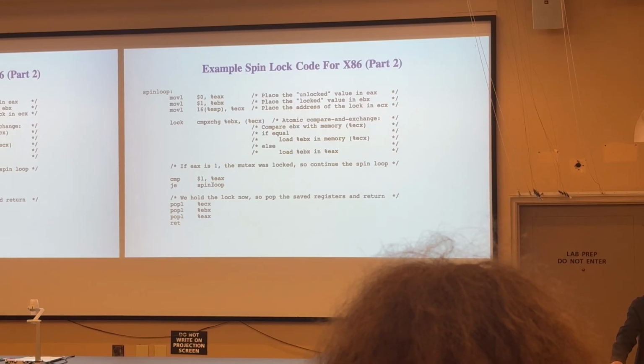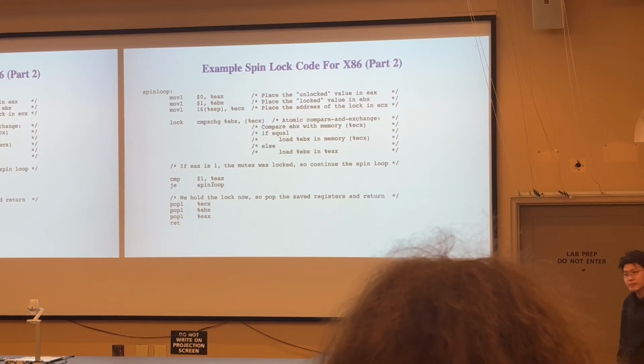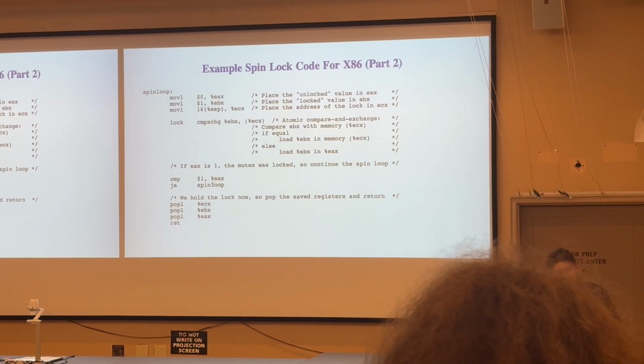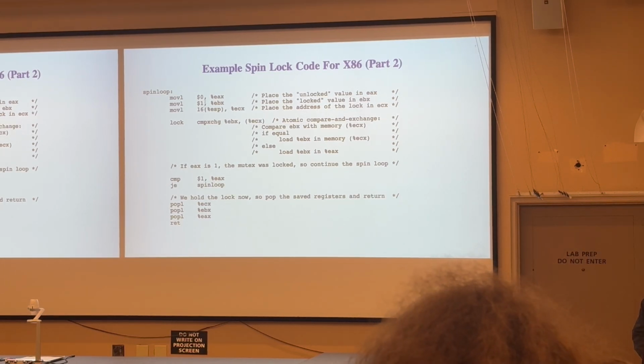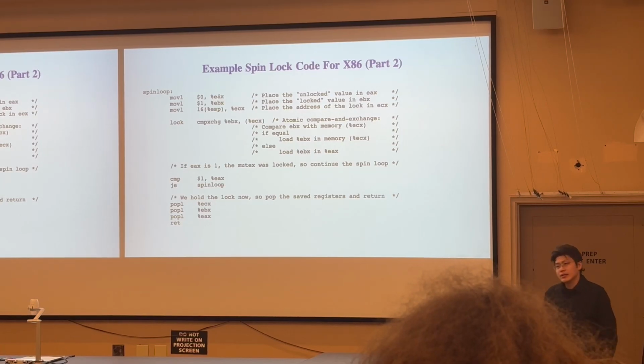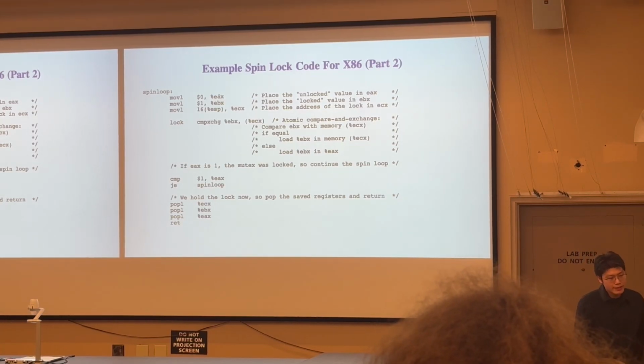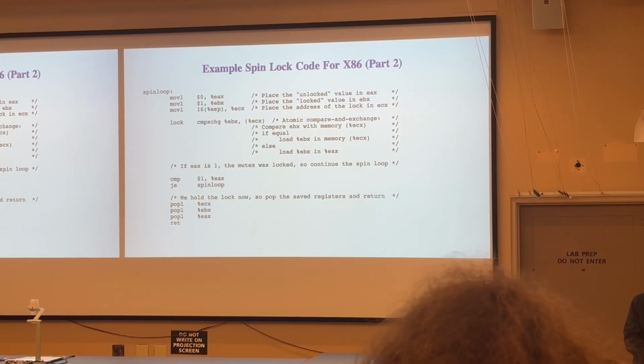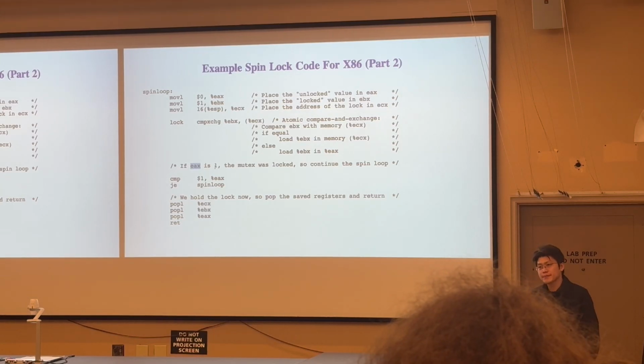We might not have time to go through this line by line because we still want to finish semaphore today. But the high level idea is that you put a value of 0 and 1 in EAX and EBX. When you do this compare and exchange, if in the end EAX is 1, it means the previous value of the lock is 1, which means that it's locked.